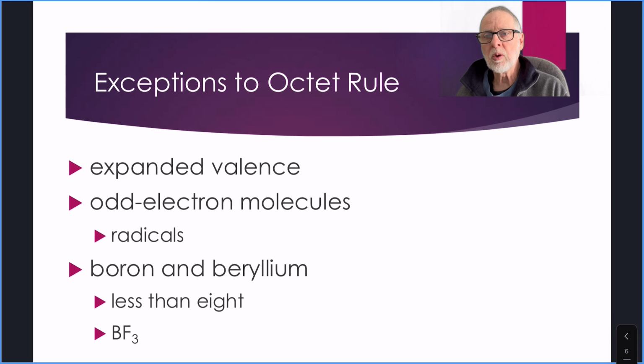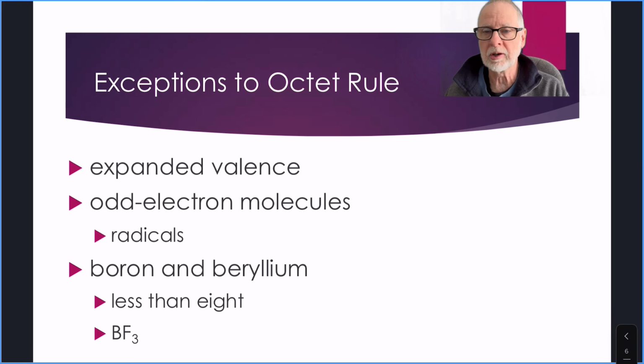All right, so what are some exceptions to the octet rule, and what are the situations where we do see exceptions? An expanded valence shell, which is basically a situation where we have more than 4 atoms bound to a particular atom. Obviously, if you've got more than 4 atoms bound to a particular atom, they are not going to satisfy the octet rule.